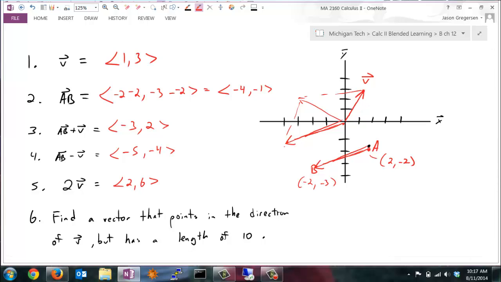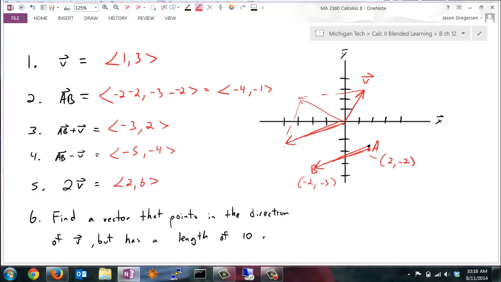Then I have the difference between the two vectors as negative 5, negative 4. So this is AB minus v. This should be a vector that points from where to where? From which vector to which vector? Is it going this way or this way? From v to AB or AB to v?